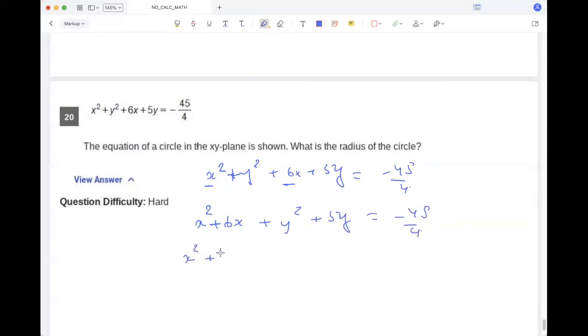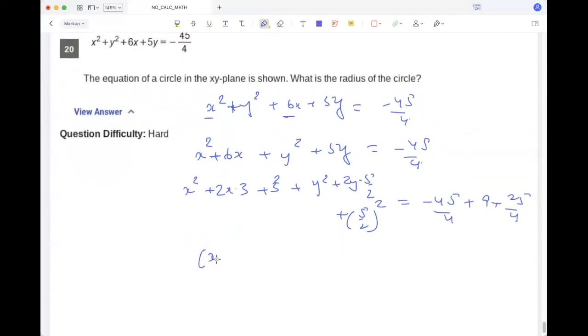So x square plus 2x into 3, so adding the square of 3, and y square plus 2y into 5 by 2, so adding the square of 5 by 2, and then doing the same thing here, 25 by 4, right?